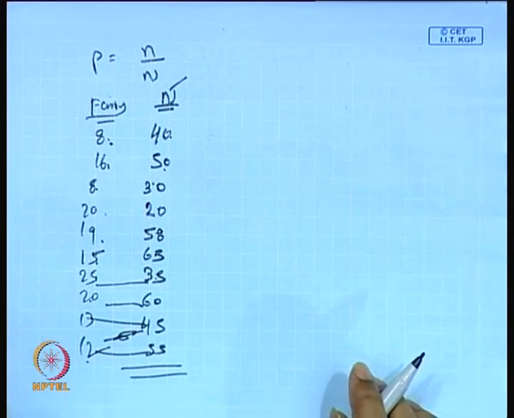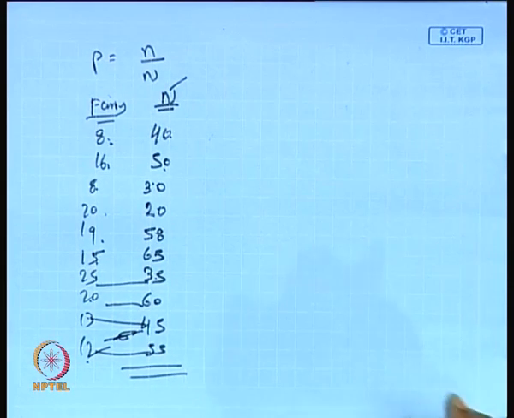The moment you add all together, you get to know the total sample size. Out of the total sample size, let us say 500 respondents, you will see what the total income variations are. For instance, out of 500 respondents, your income structure will vary from 8 to say 25.